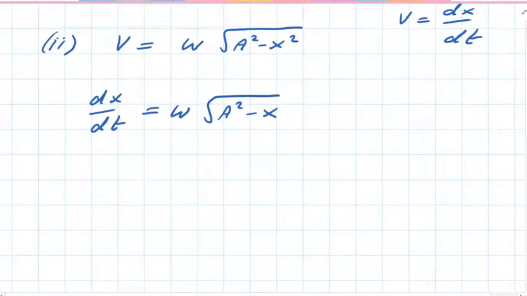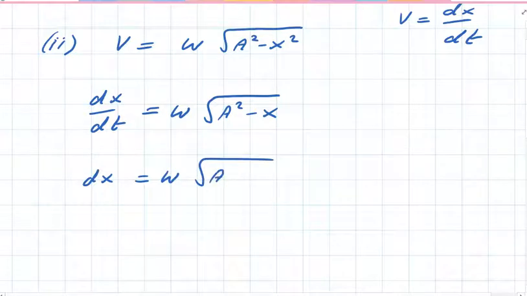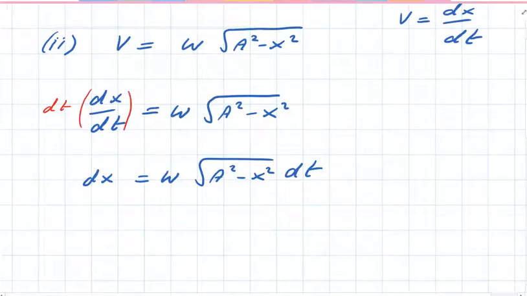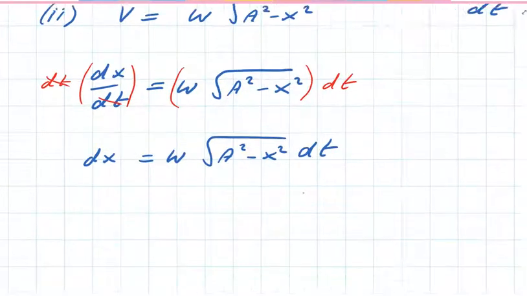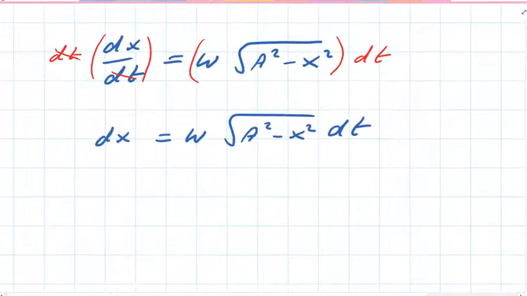So separating first, multiply both sides by dt, and you get dx is equal to omega root A squared minus x squared, that should be a square there, dt. Multiplying both sides by dt, and you get dx on this side. Now, that's the separation, or actually it's not done yet. We now have to divide across by the root of A squared minus x squared.